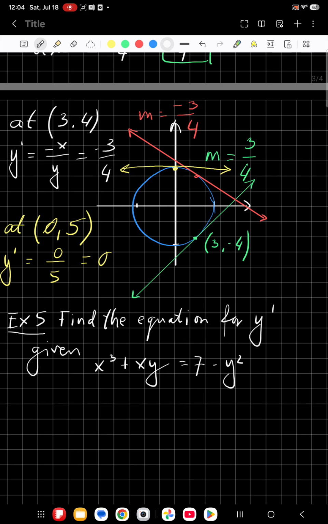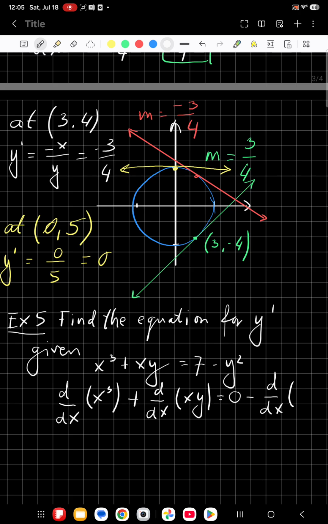So let me write it this way: d/dx of that first term plus d/dx of the second term, xy, equals the derivative of 7, which is 0, minus d/dx of y squared. Okay, so the first one is easy. It's just 3x squared.